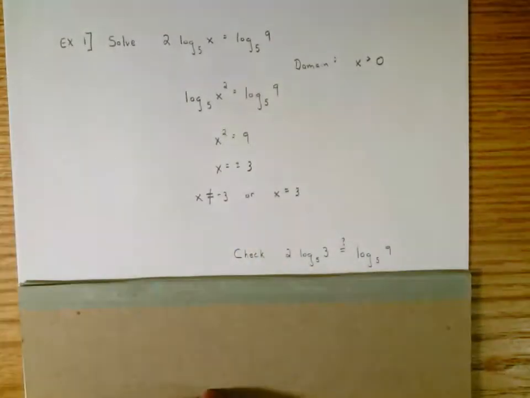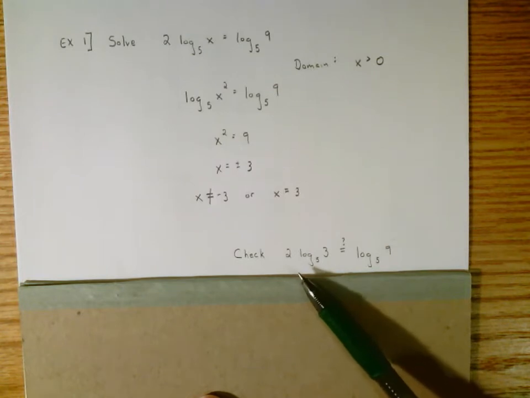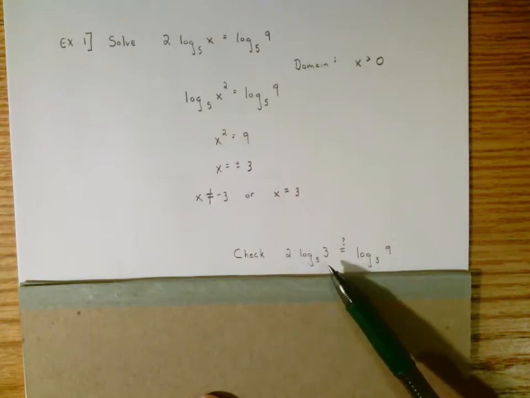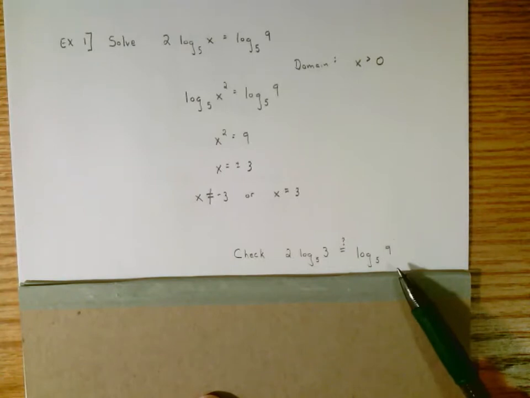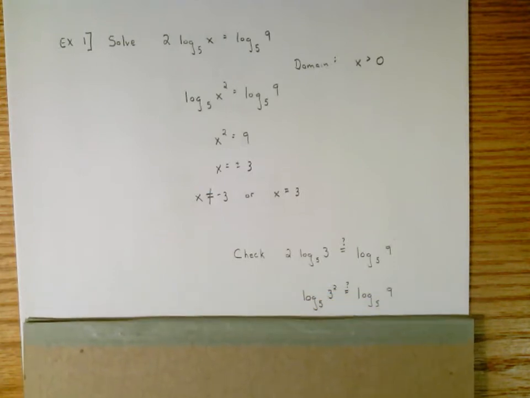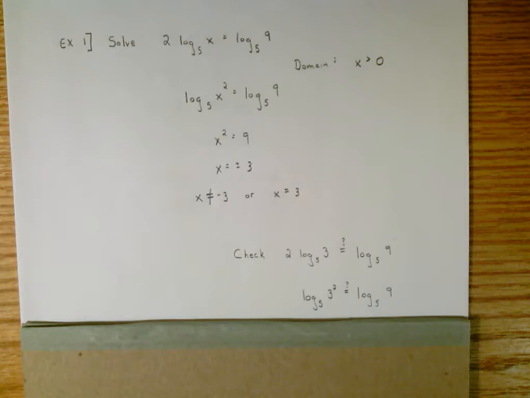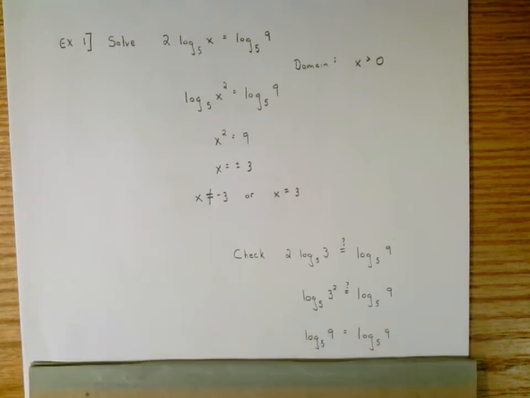So checking my solution by substitution into the original problem asks, is 2 times log base 5 of 3 equal to log base 5 of 9? My question mark over my equal sign. Using the property we mentioned before, I can rewrite the coefficient as an exponent on the argument, and then I can simplify that argument, stating that log base 5 of 9 is equal to log base 5 of 9.